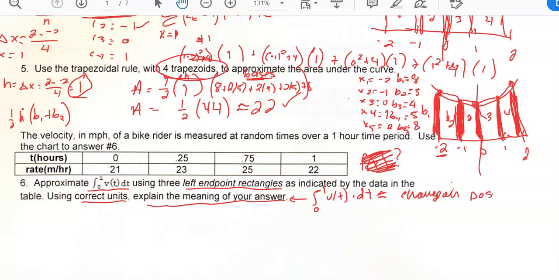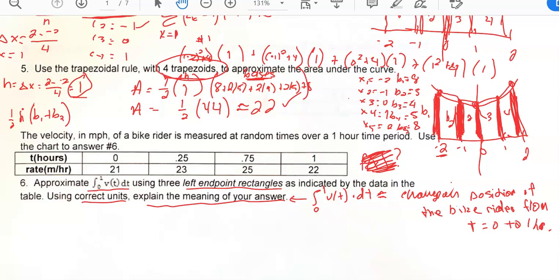Position of the bike rider from the time of 0 to 1 hour. And they say use correct units, so you definitely want to put units over here. And then when we get the final answer, we'll put the unit that we would have for our position.